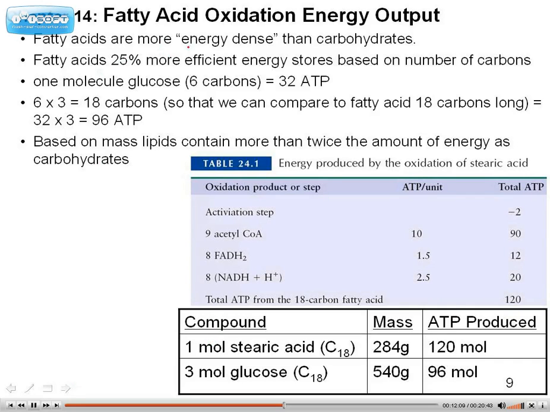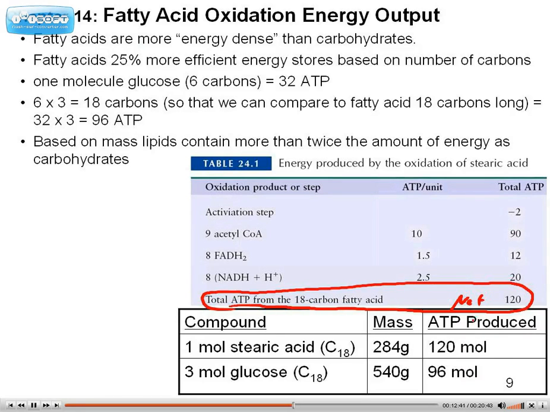Know this information. I just talked about this earlier. They're energy dense, even though it's slow burning. They do have a lot of energy stores, so they're 25% more efficient energy stores than other biomolecules. I love this general information. So a total ATP from the 18 carbon generates a total of net 120 ATP.